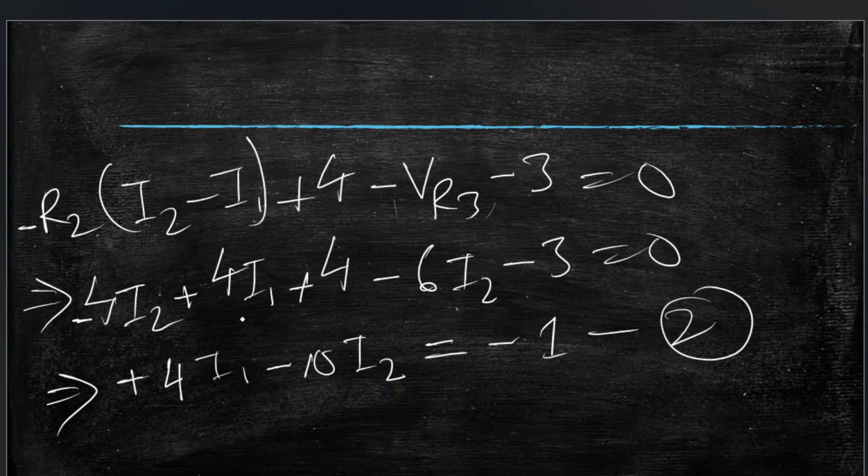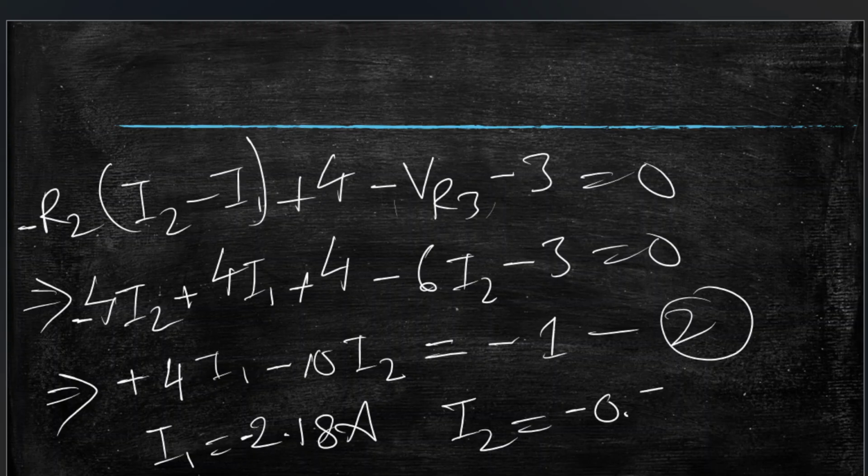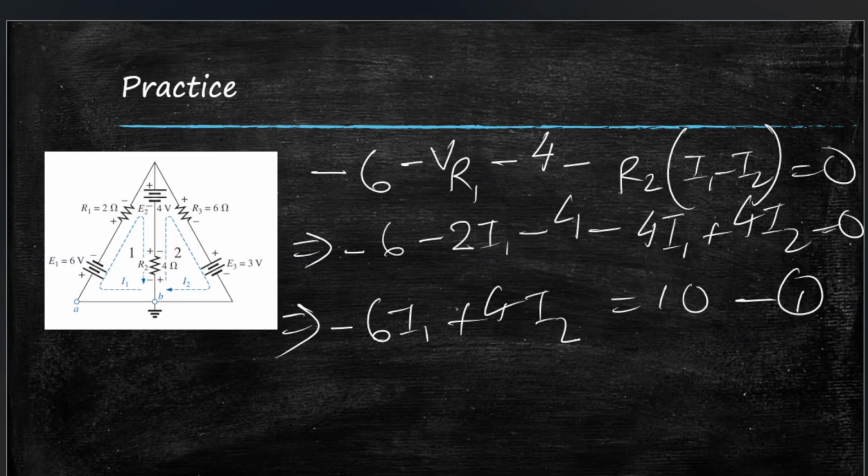So we have I1 is equal to minus 2.18 ampere. And I2 is equal to minus 0.77 amperes.